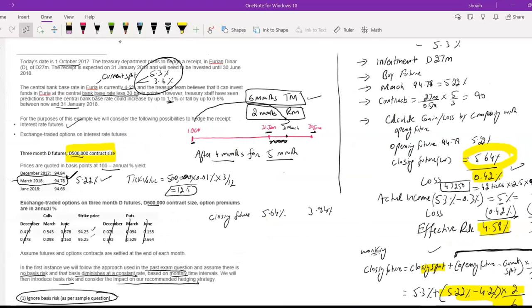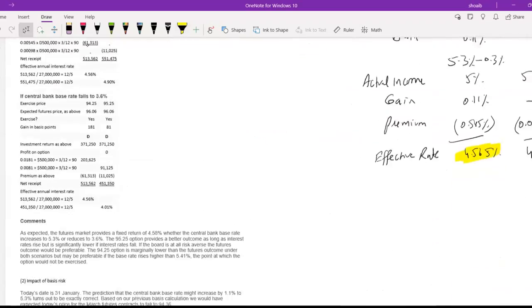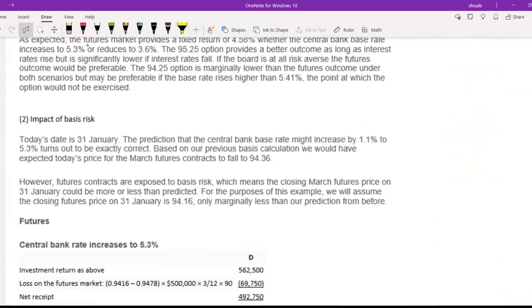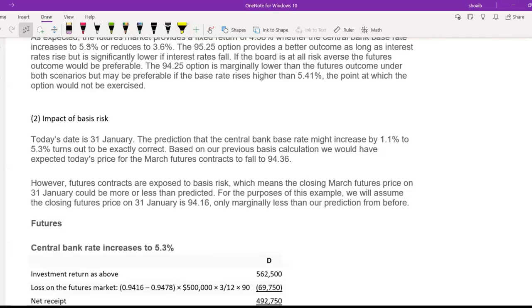So just for the sake of example, if in the rising interest rate, future price turns to be 5.3%.